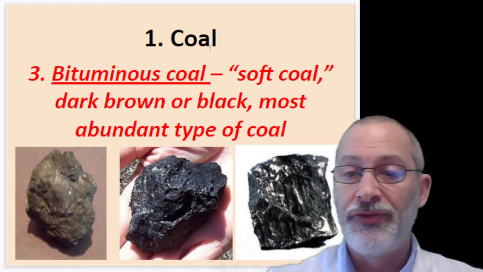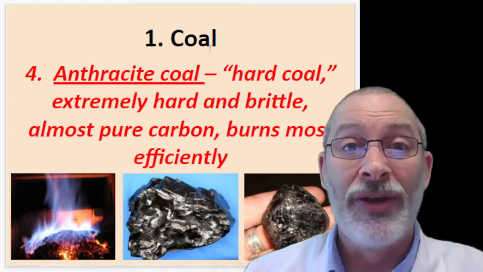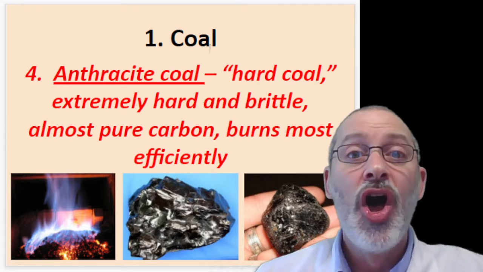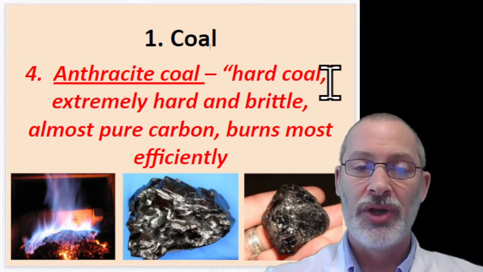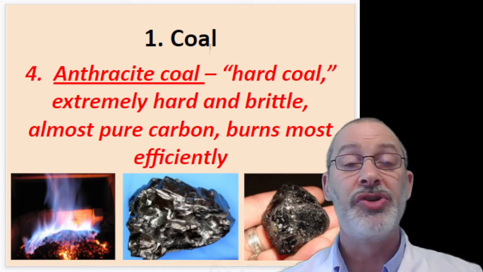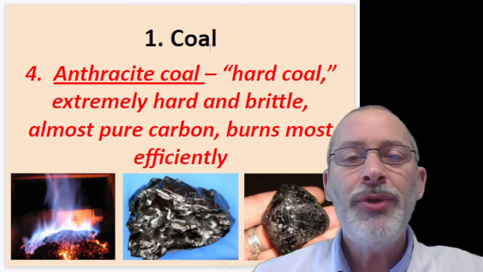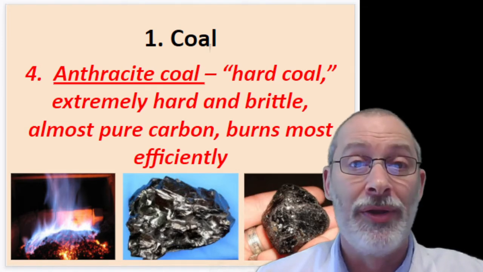That brings us to the fourth and final type of coal, which is called anthracite. Anthracite, also known as hard coal, again in your notes, you might want to circle hard coal so when you're studying your notes, you remember which one is which. But anthracite coal is extremely hard and brittle.